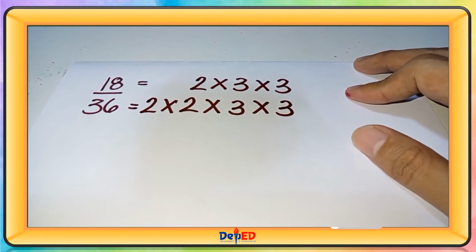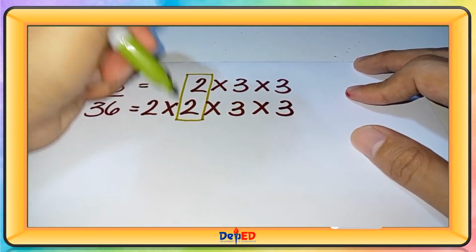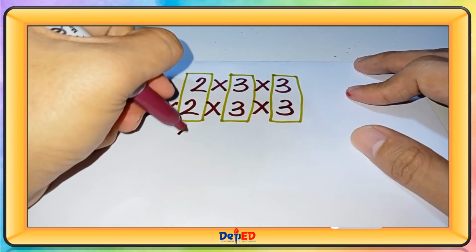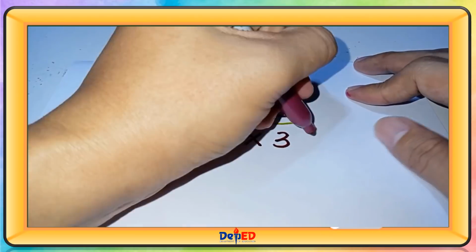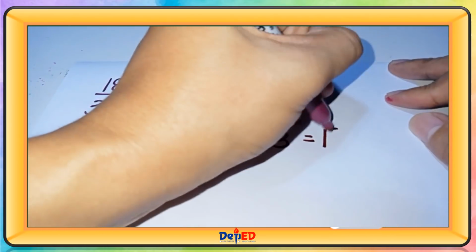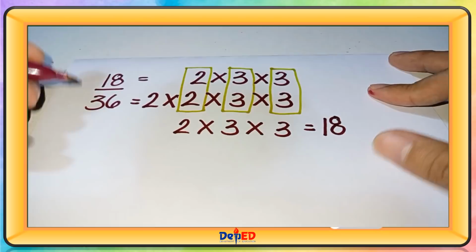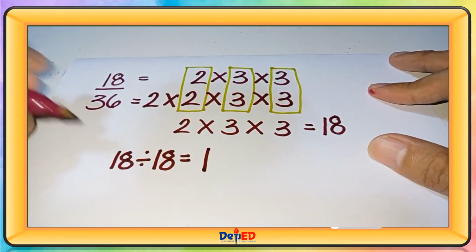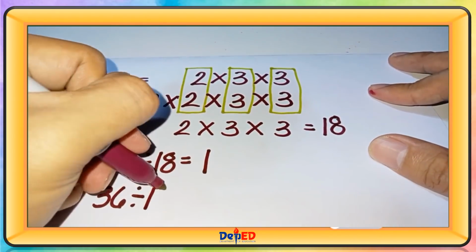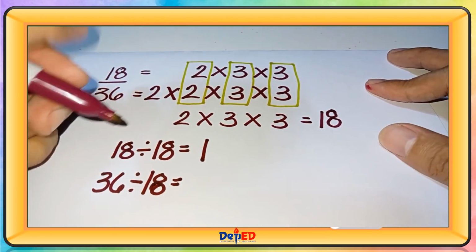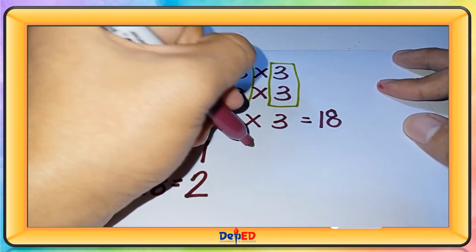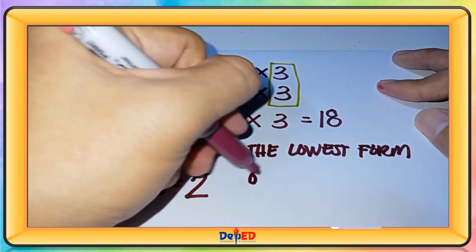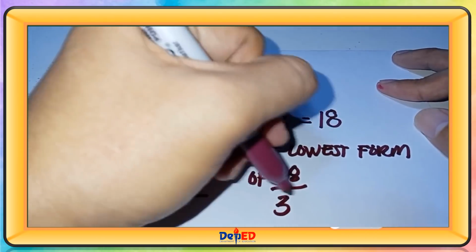We have 3 common factors: 2, 3, and 3. 2 times 3 times 3 equals 18. 18 divided by 18 equals 1. 36 divided by 18 equals 2. The lowest form of 18/36 is 1/2.